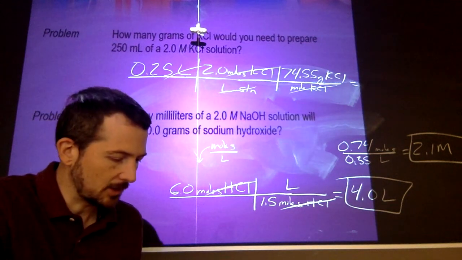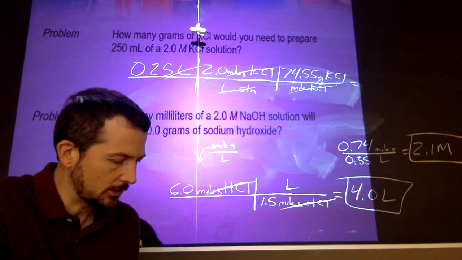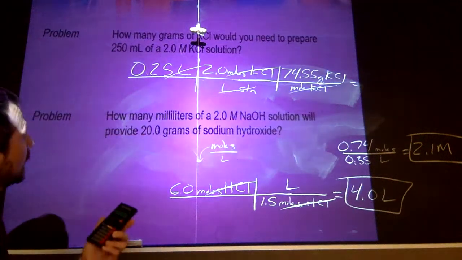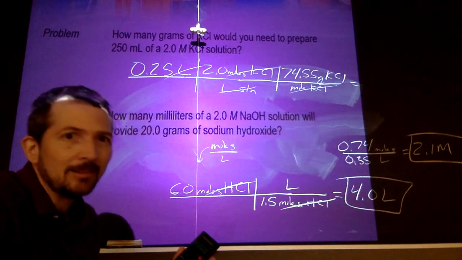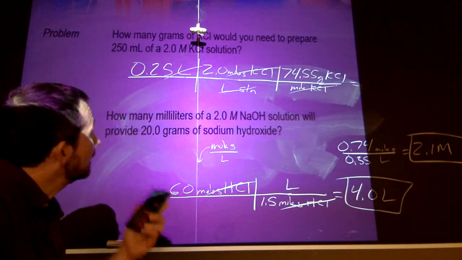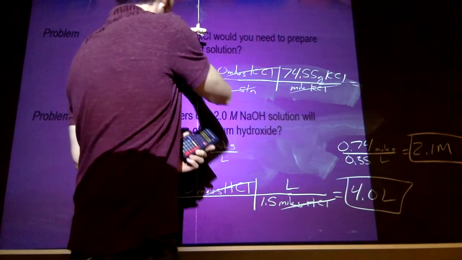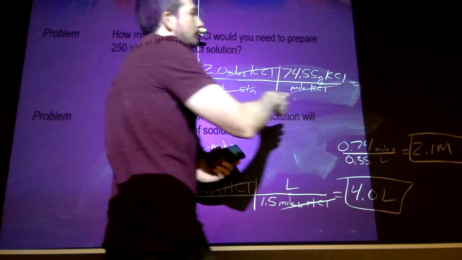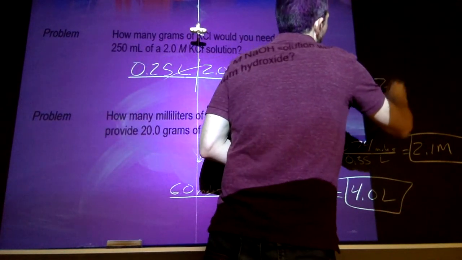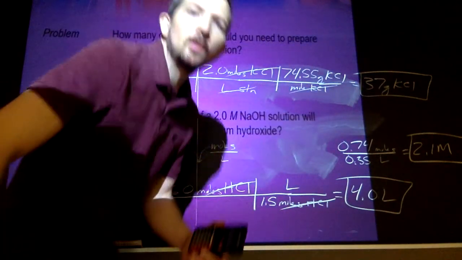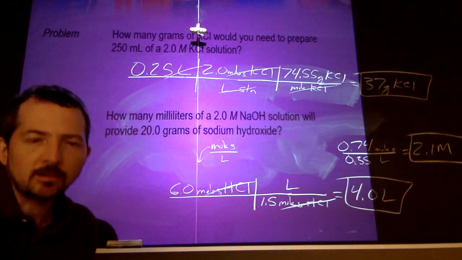So times that by 2 times 0.25, I get 37.275. And if I look, I need 2 significant figures in my answer, so 37 grams. 2 significant figures here. So 37 grams of KCl.